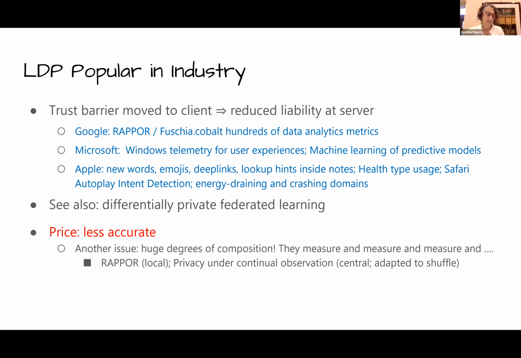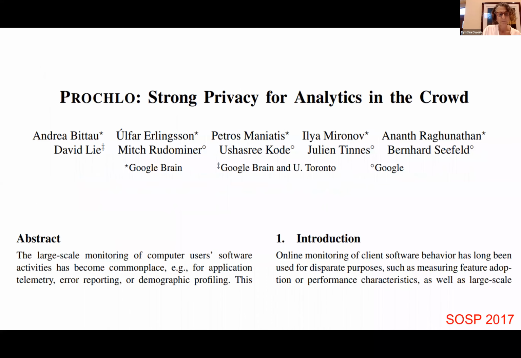And some systems have tried to address this. There's RAPPOR, which was actually used in practice. And then there's some connection to what we call privacy under continual observation, which was first worked out in the central model and then adapted to the shuffle model. I shouldn't have said central here. I should have said streaming with a centralized curator.